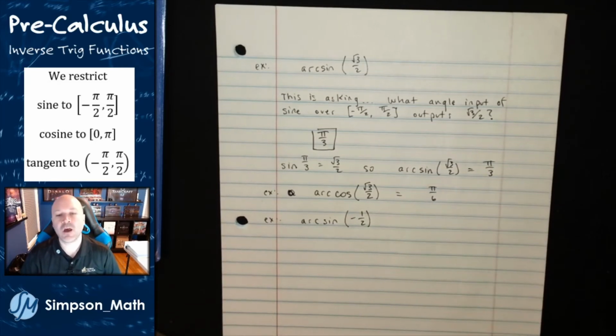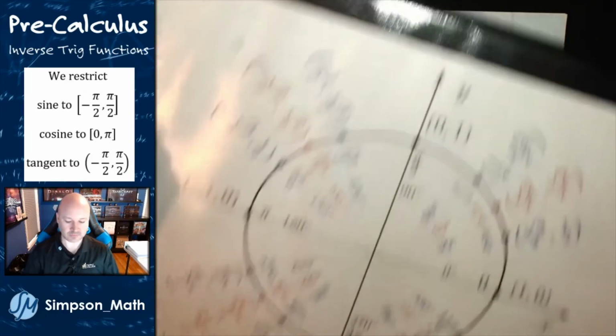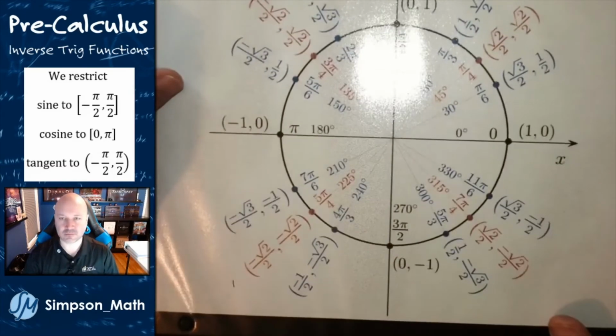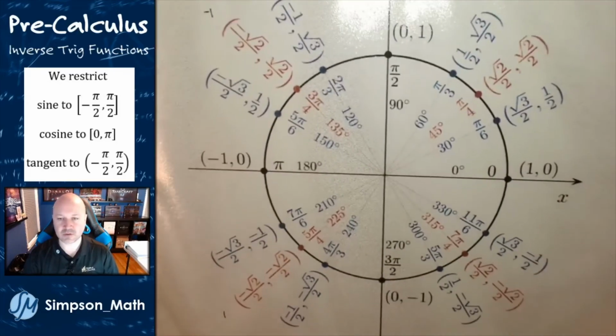All right, same question. Arcsine of negative 1/2. What angle would I have to put in sine over the interval negative pi/2 to pi/2 that would spit out a negative 1/2? Well, I have my unit circle.